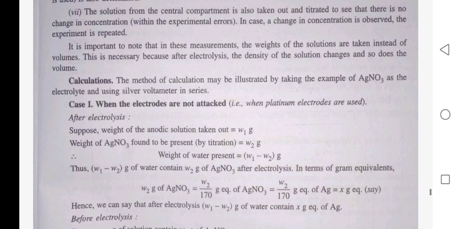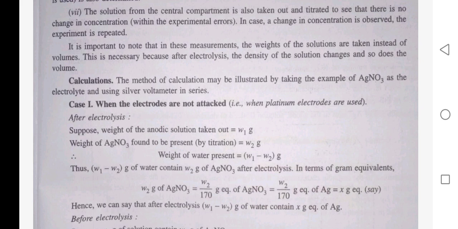Calculation: the method of calculation may be illustrated by taking the example of AgNO3 as the electrolyte and using a silver voltameter in series. When the electrodes are not attacked, that is, when platinum electrodes are used, after electrolysis let the weight of the anodic solution taken out be W1 g, and the weight of AgNO3 found to be present by titration be W2 gram. Weight of water present is W1 minus W2 grams.